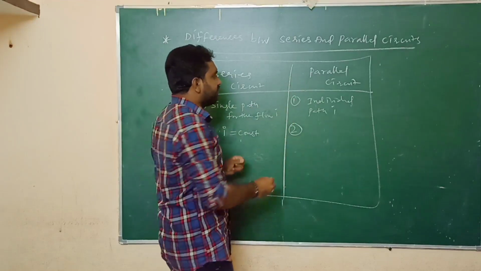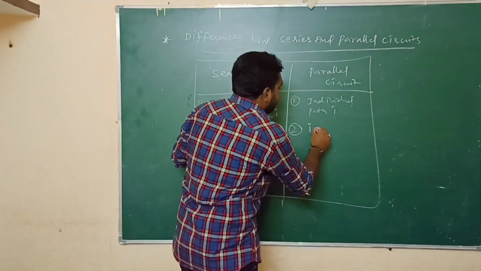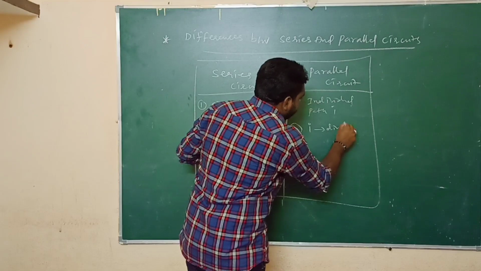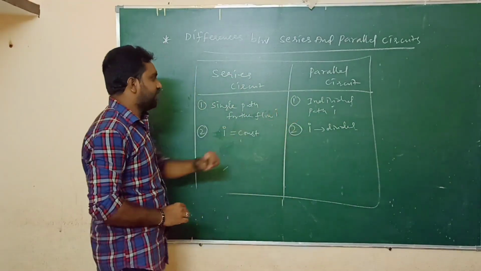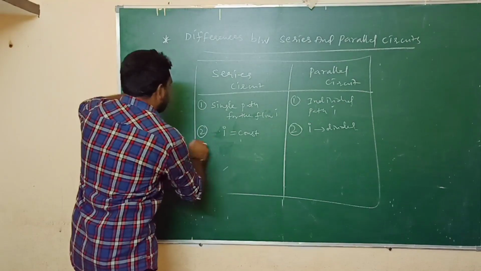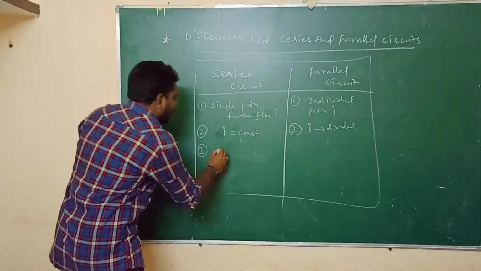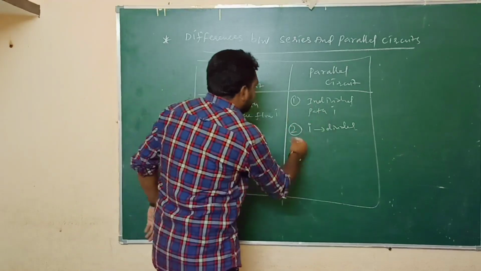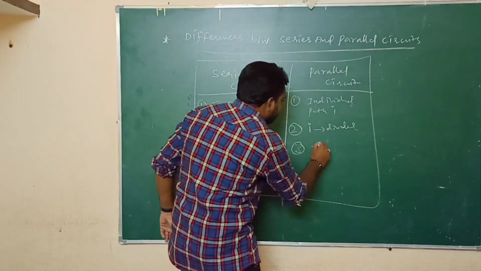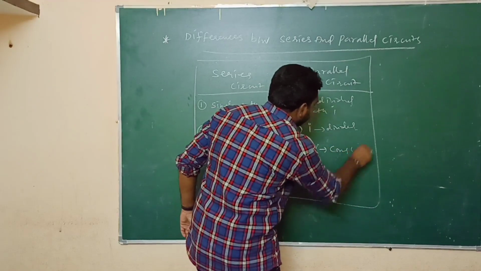In case of parallel circuit, current will be divided. It is not constant. Current is divided among the components. So that's why it is not constant. And number 3, in case of series circuit, potential difference is not constant. Potential difference is divided. But in case of parallel circuit, potential difference remains constant.